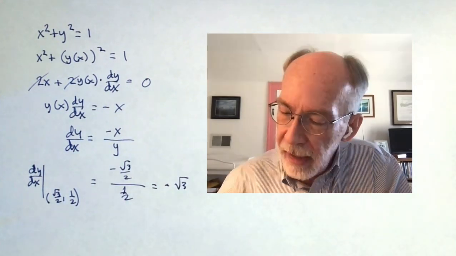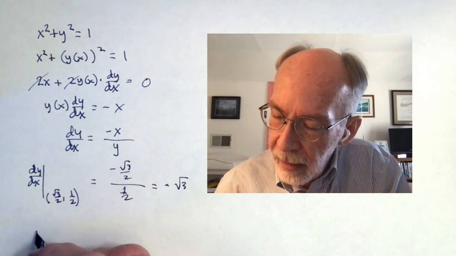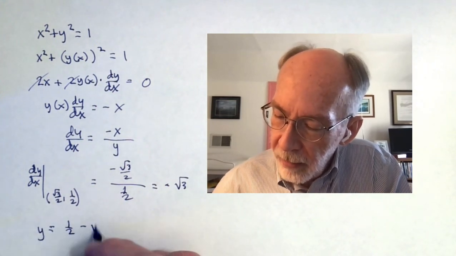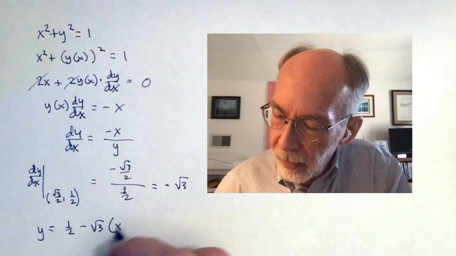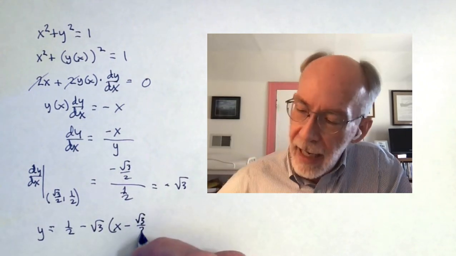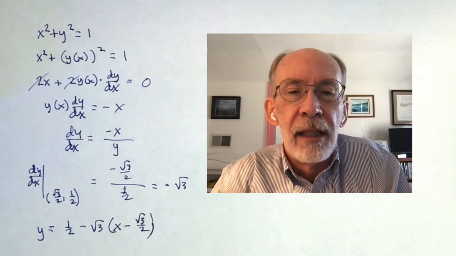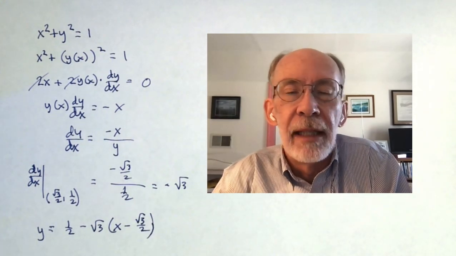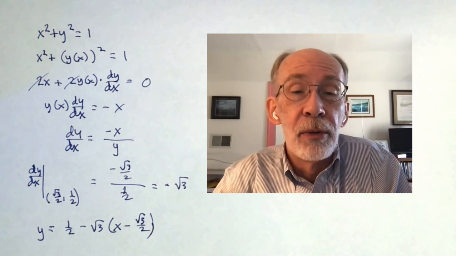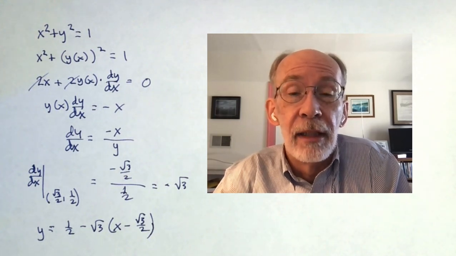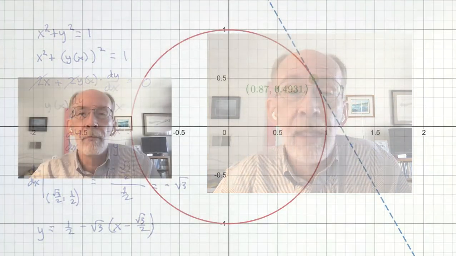And so the equation of our tangent line should be y = 1/2 − √3(x − √3/2). If you took the trouble to work this out using either geometry and algebra or old school calculus, you should find that your tangent line agrees with this one.